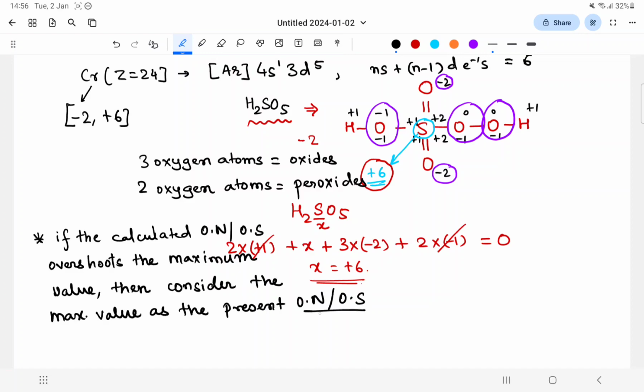What did we say? If it is overshooting the maximum value, let's say sulfur was plus 6 and you are getting plus 8, so plus 6 will be the answer because it cannot be greater than plus 6 for sure.